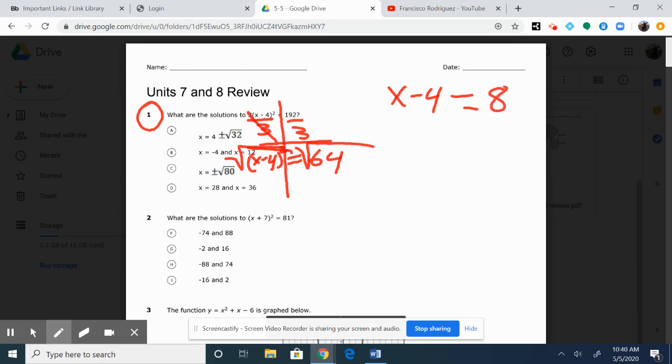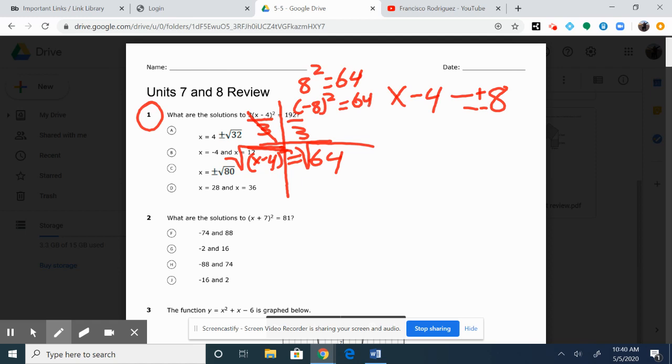But here's the trick. It's going to be plus or minus 8. The reason why is because when we take the square root of something, it could either be a positive 8, meaning 8 times 8 equals 64, or a negative 8, where negative 8 times negative 8 also equals 64.